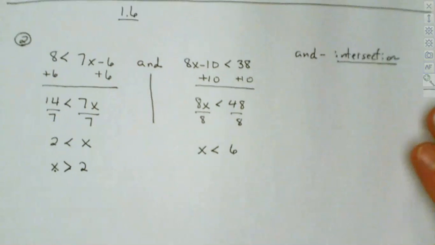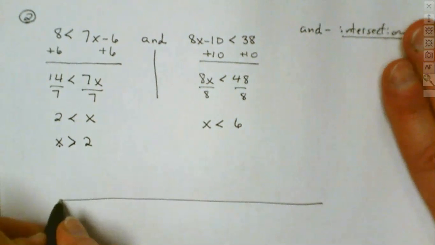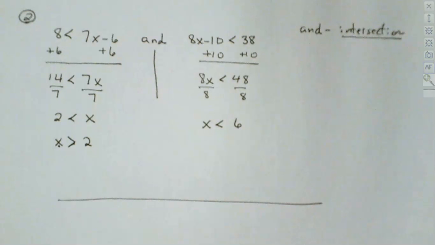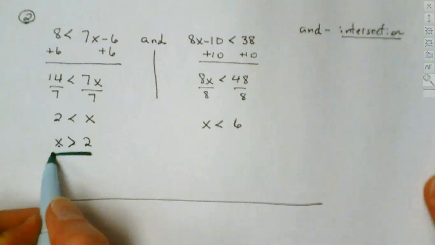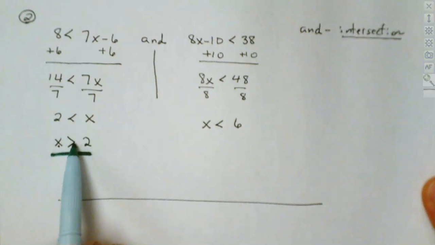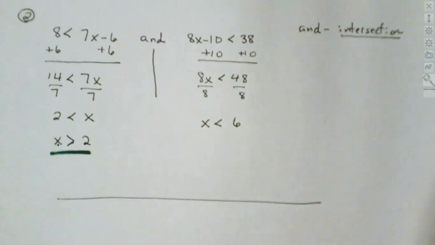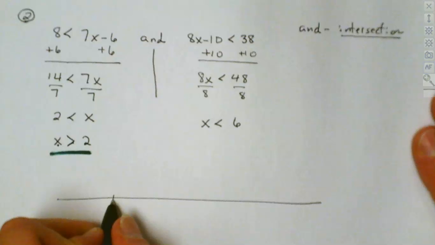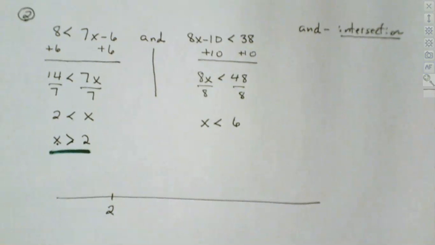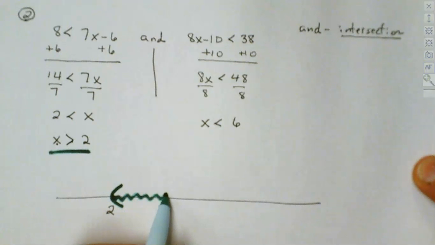Okay, now let's go ahead and graph this with the and. I'm going to use two different colors so we can see where they overlap. The first one is saying that x is bigger than 2. It's pointing to the right, so we shade to the right. We'll find our 2 here, use parentheses, and shade out to the right.